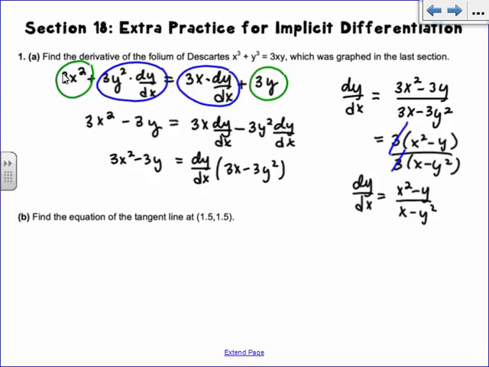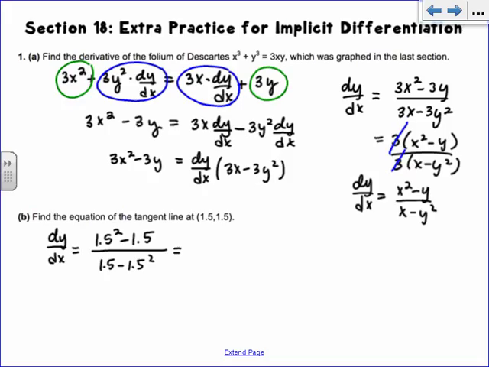All right, so B says find the equation of the tangent line at 1.5, 1.5. When we plug in 1.5, 1.5, we have 1.5 squared minus 1.5 all over 1.5 minus 1.5 squared. And you can waste a lot of time, like on the AP test, trying to figure out what this is, especially if it's non-calculator. You're like, okay, 2.25 minus 1.5 all over 1.5 minus 2.25, right?